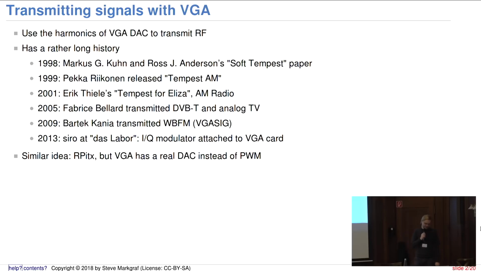main screen. So that's quite interesting, and this sparked a whole lot of other people experimenting with it and transmitting AM radio, and then at some point in 2005 DVB-T and analog TV.